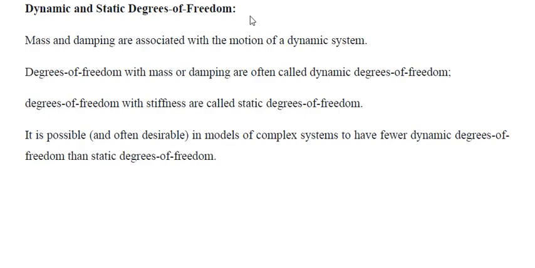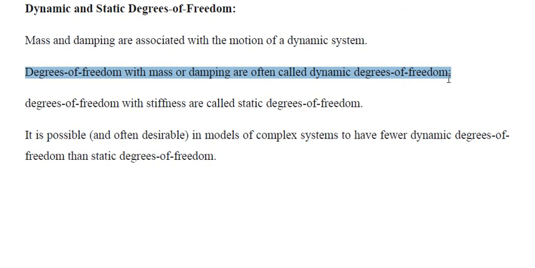Dynamic and static degrees of freedom. Mass and damping are associated with motion of a dynamic system. Degrees of freedom with mass or damping are often called dynamic degrees of freedom. As I told, degrees of freedom in the static case is different.